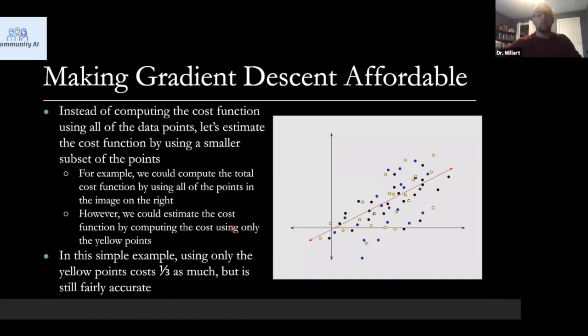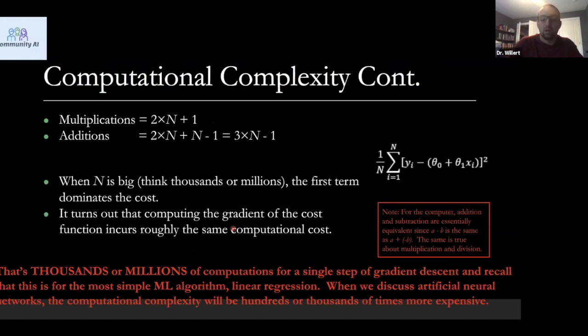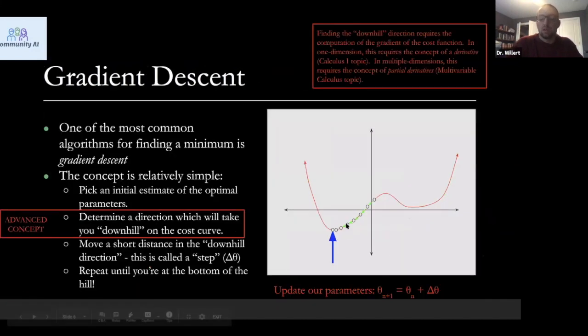So with that in mind, we might ask the question, well, how do we make gradient descent more affordable? Because if we need to take 100 steps, so recall, I'm going to go back a few slides. Here I've just shown maybe 7 steps. Each time we take a step, we need to compute the cost and the gradient.